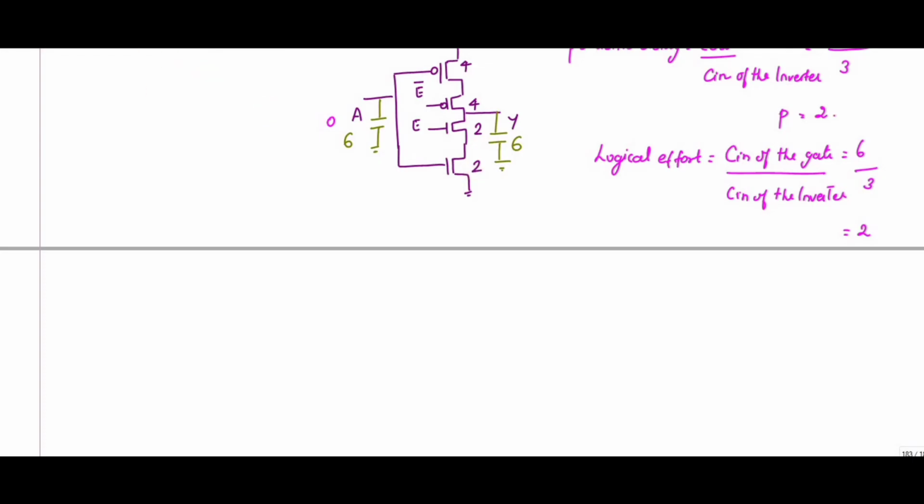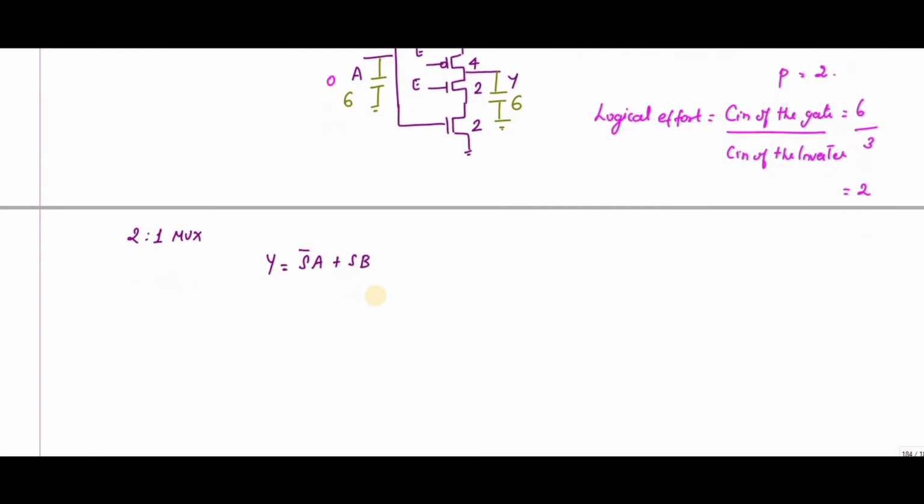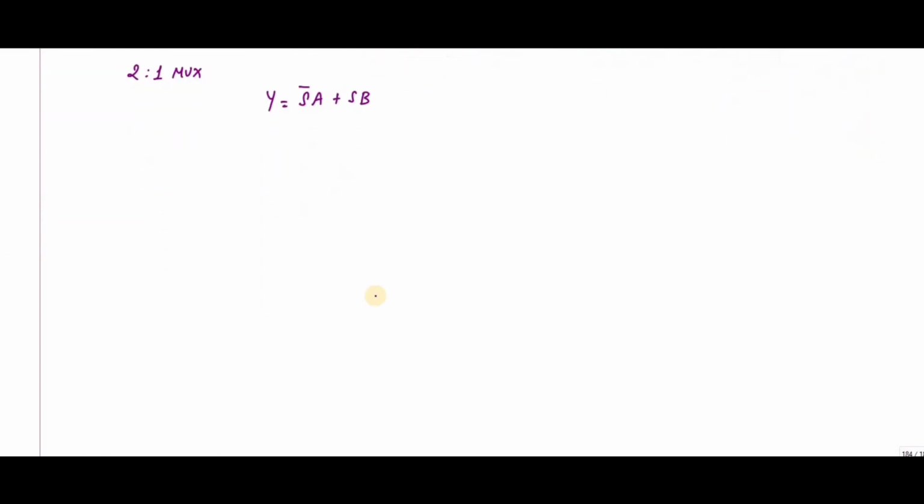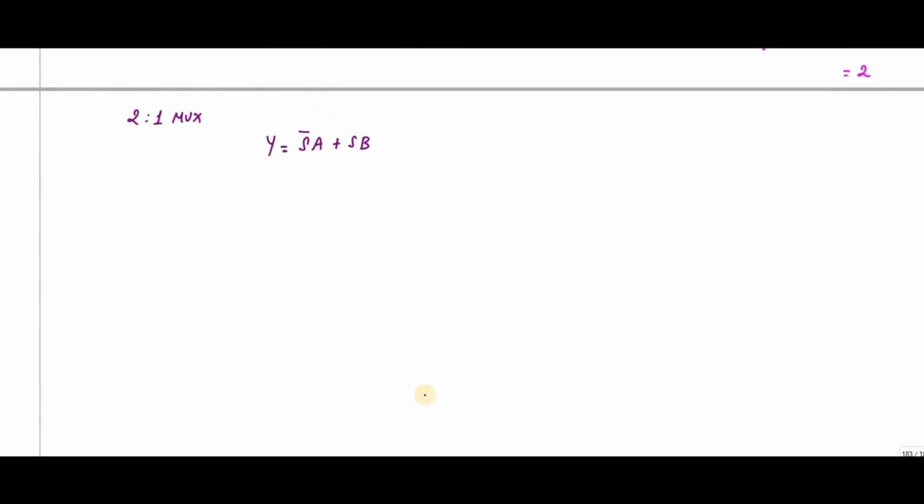Suppose I want to find it for a 2:1 mux. We know the equation is y is equal to S bar A plus S into B. This is my 2:1 mux equation. For this one, how to draw the diagram?